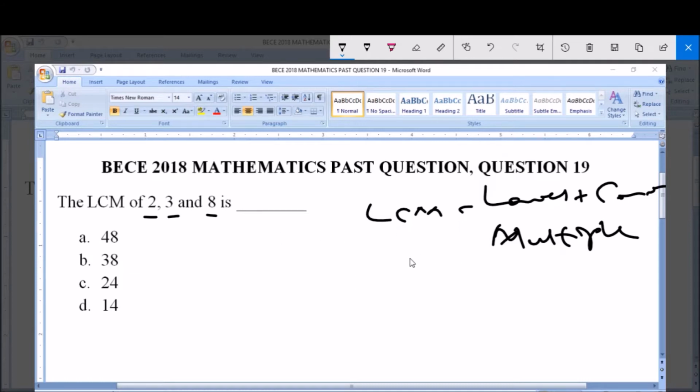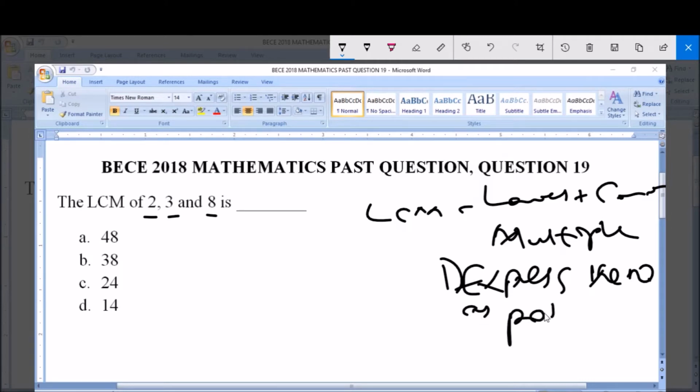And now for us to find the LCM of a given set of numbers, we have 2 rules. First, number 1 is that you express these given numbers as products of prime factors.